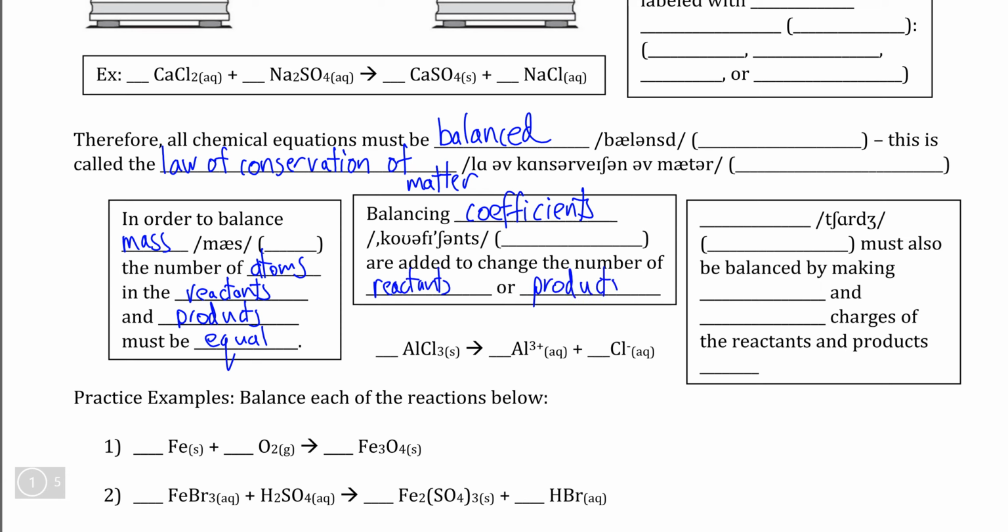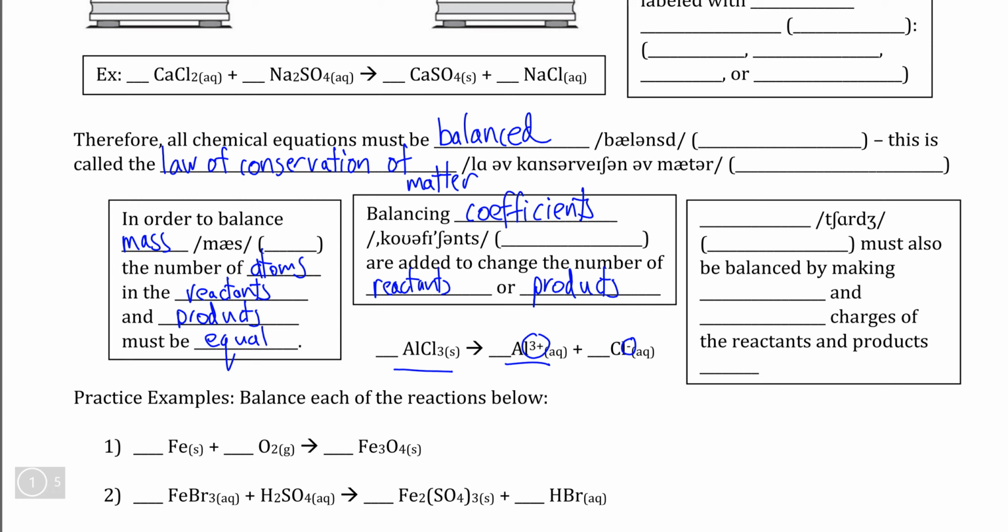So we can take a fairly simple look at this example here of aluminum chloride. Here we can see that aluminum chloride breaks down into the ion aluminum 3+ and the ion chloride here. In order to balance this, all we need to do is add balancing coefficients so that we have the same number of atoms on each side.